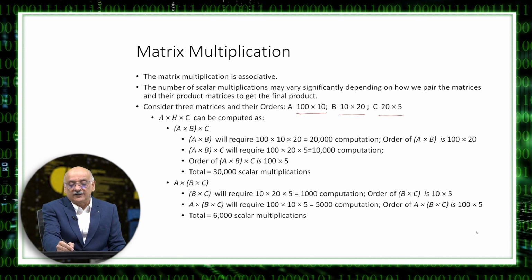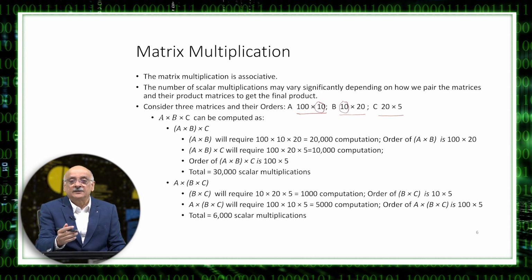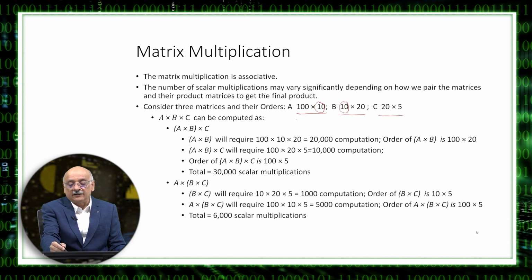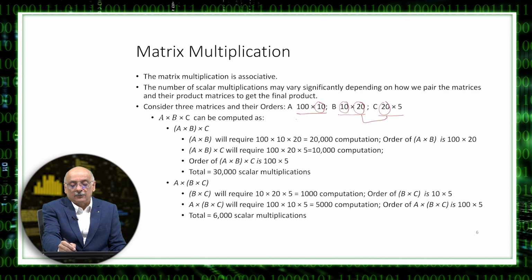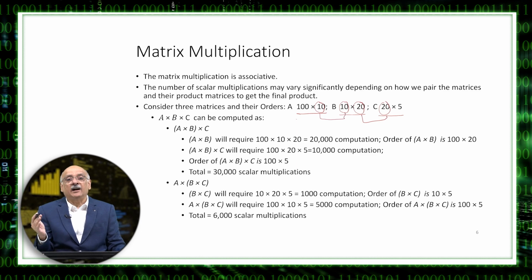This dimension matches this, so A and B are conformable. What about B and C? The 20 and 20, so these two are also conformable. So A, B, C are conformable as far as multiplication is concerned in that particular order.